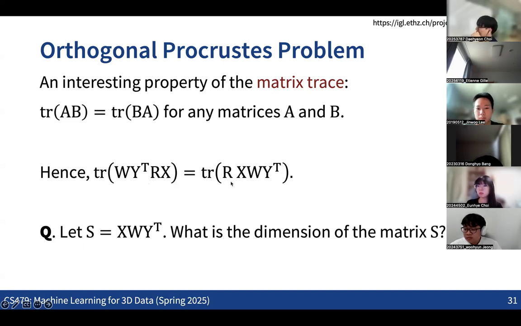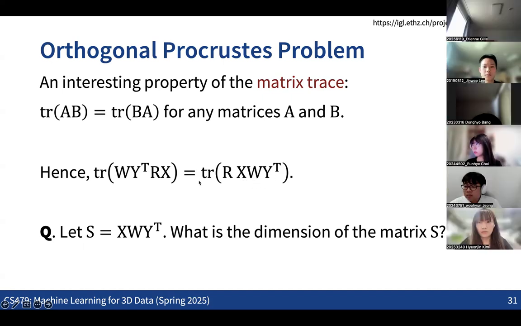And we are going to switch the order of these two, so that now we have R times X times W times Y transpose. So you can see that this is nothing but switching the order of these two, right? Then what we can say is that now we have the rotation here, which is what we want to get here, right?